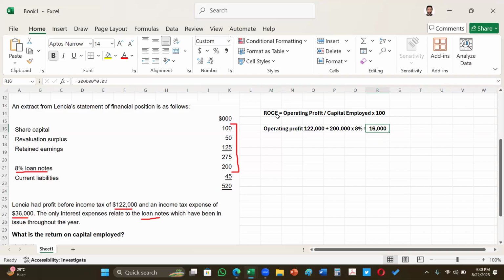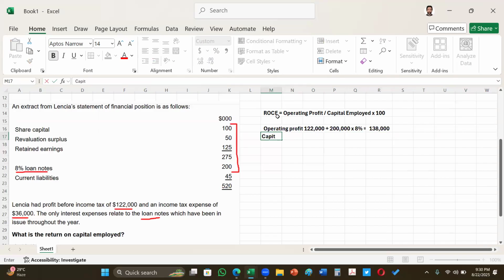So we take 122,000 plus the 16,000, that is 138,000. And the capital employed is easy, it is provided here: the equity is 275, the loan note is 200, so the total capital employed is 475,000.